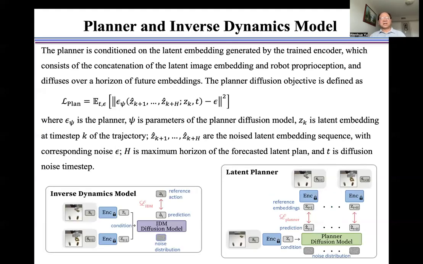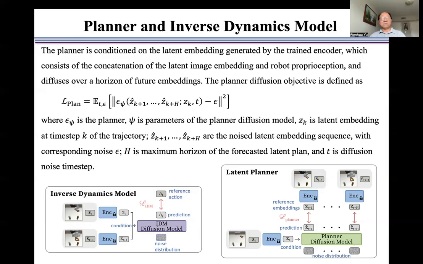The planner is conditioned on the latent embedding generated by the trained encoder, which consists of the concatenation of the latent image embedding and robot proprioception, and diffuses over the horizon of future embeddings. The planner diffusion objective is defined as here, where epsilon psi is the planner, psi is the parameters of the planner diffusion model.